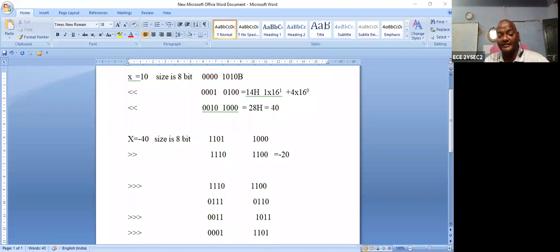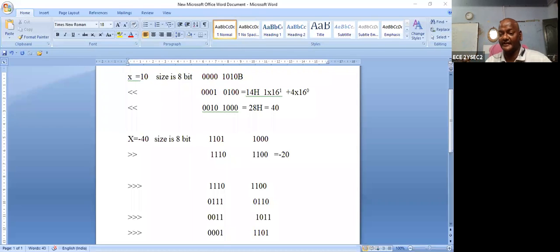Let us take the sign value into consideration. Minus 20 right shift by 2. So minus 20 divided by 2 square, 2 square is equal to 4, minus 20 by 4 is equal to minus 5. But here, what happens? It is not considered as minus 20.